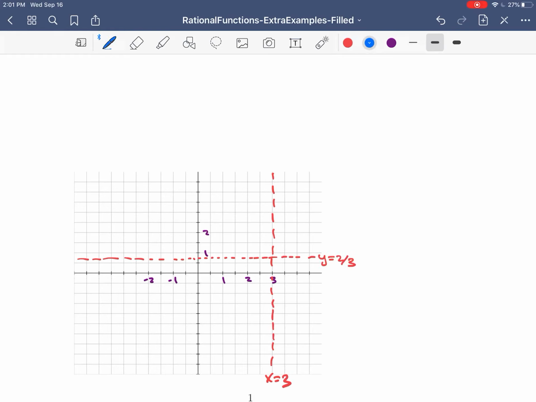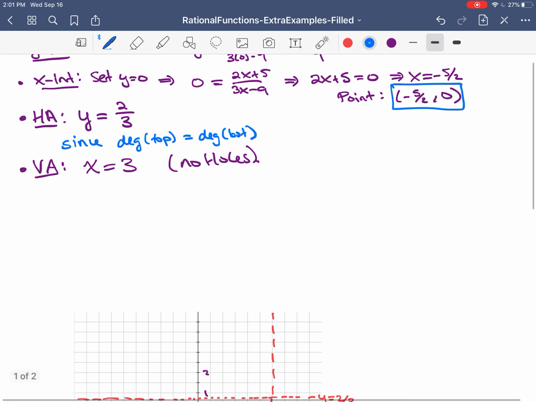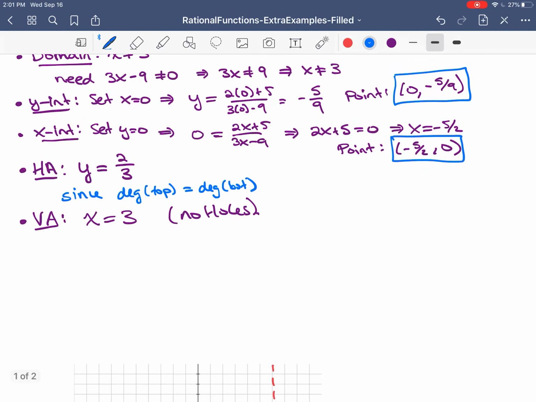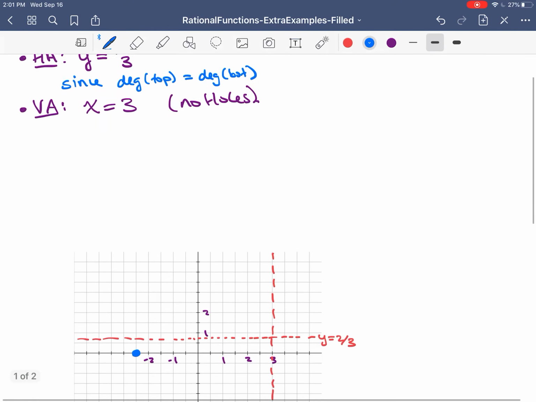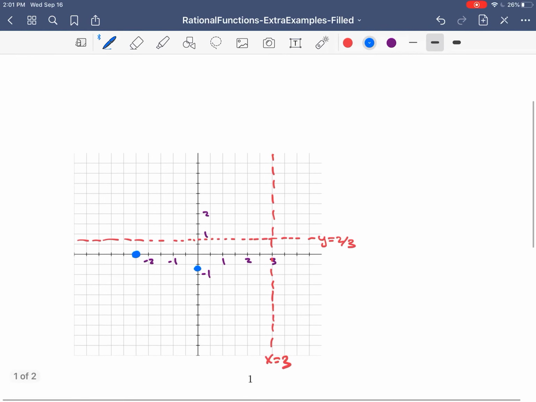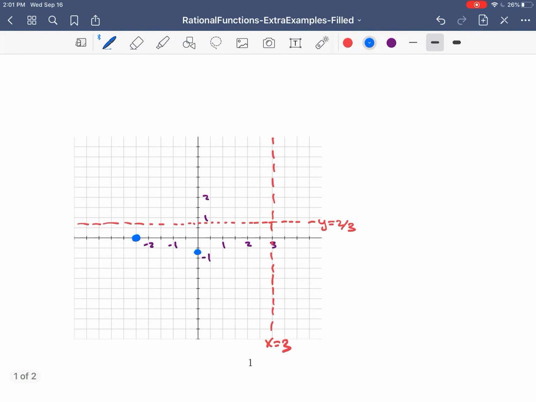Then we have a point at negative 2.5 and 0, and a point at 0 and negative 5 over 9, which is around here, I think. This is negative 1. So this is maybe not looking very helpful.